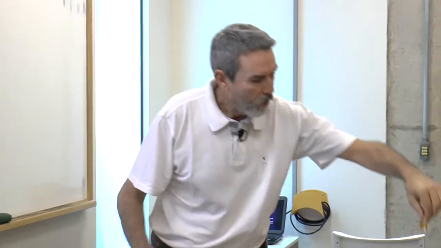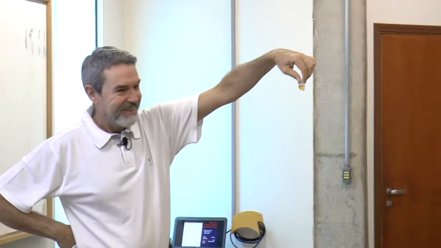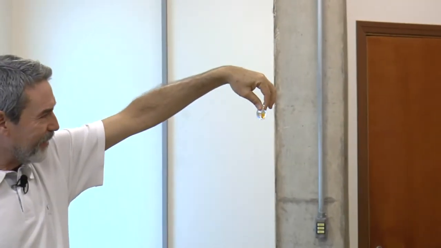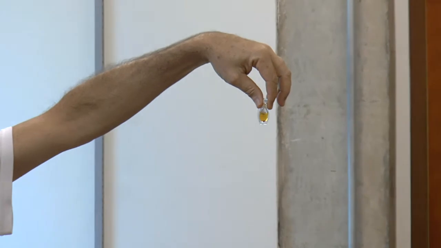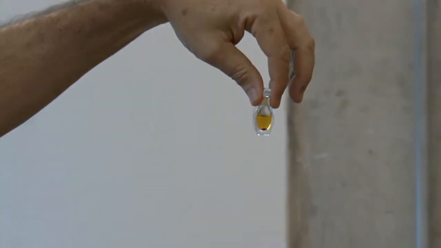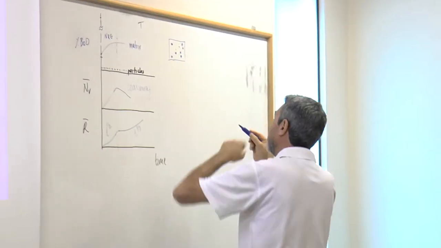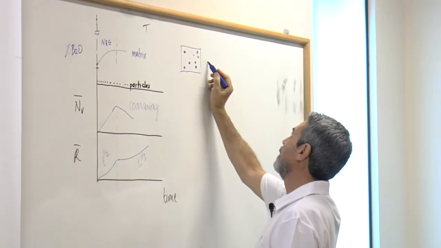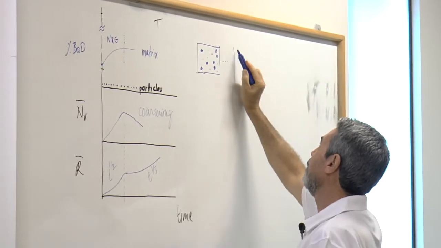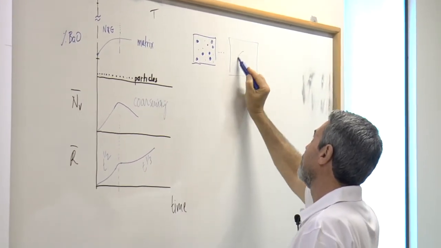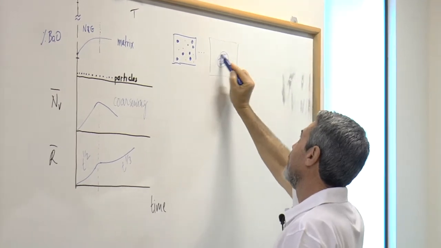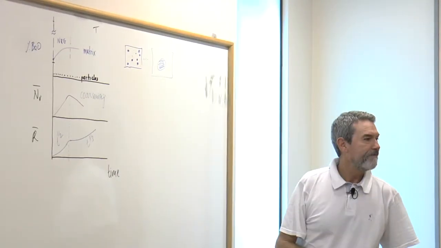Two layers or just one particle. Here, one particle. This is the final microstructure. That's why I like this perfume. It's one particle to minimize the surface energy. In the end, after a very long time, we should have one particle.